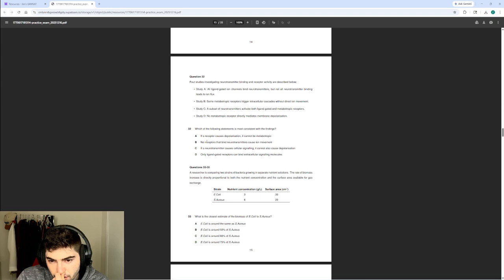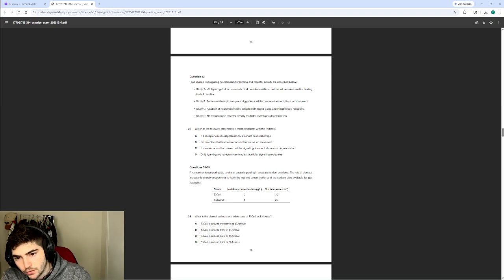Okay, if a neurotransmitter causes cellular signaling, it cannot also cause depolarization. Cellular signaling, I'm guessing that's the same as ion flux as well. Hmm.